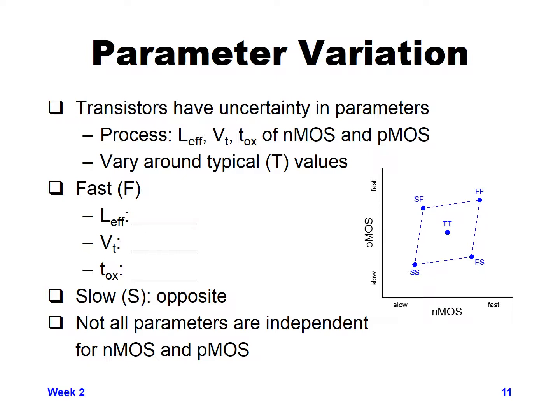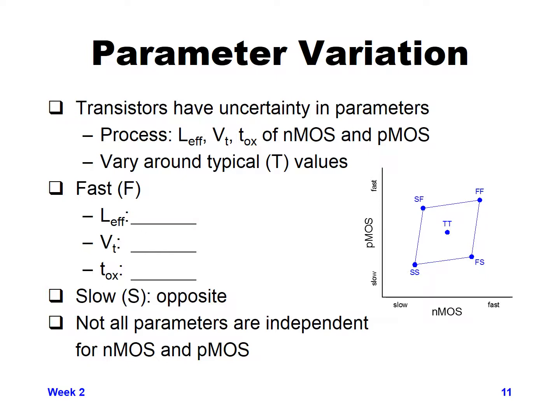So there will be some amount of uncertainty for any particular transistor on what some of the actual process parameters are. So for example, your L effective, or effective gate length of a transistor, could have variation on it. The threshold voltage can also have some variation on it, and the oxide thickness of a given transistor can vary as well.